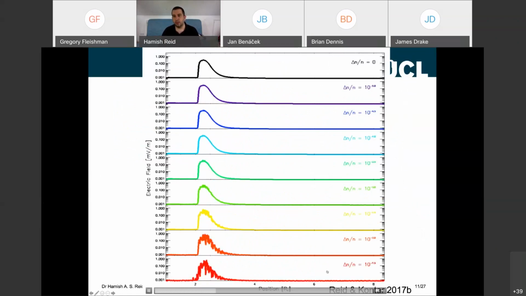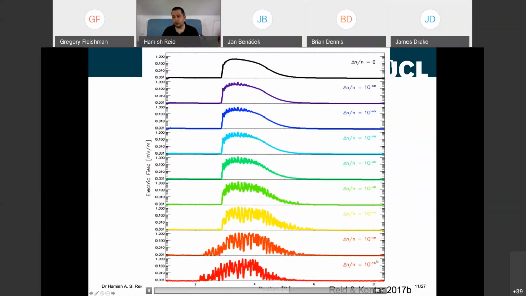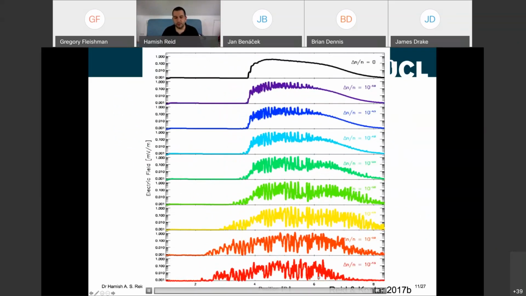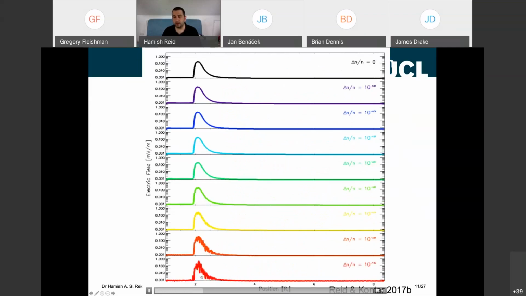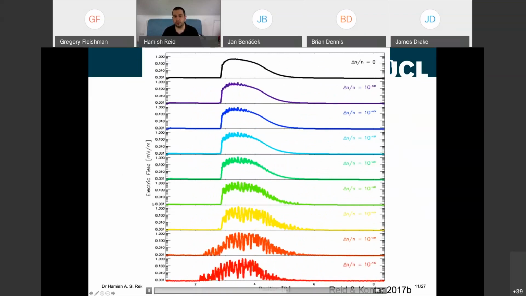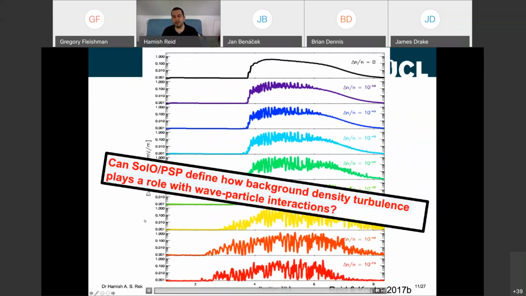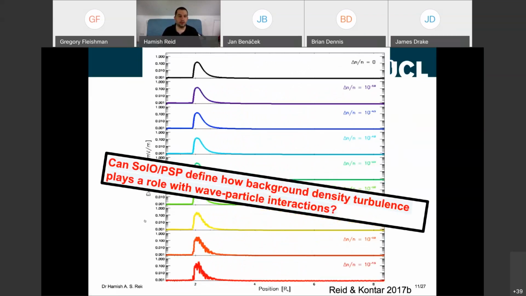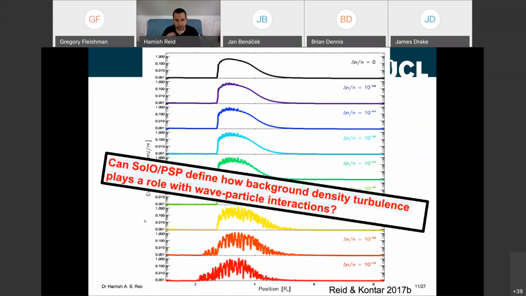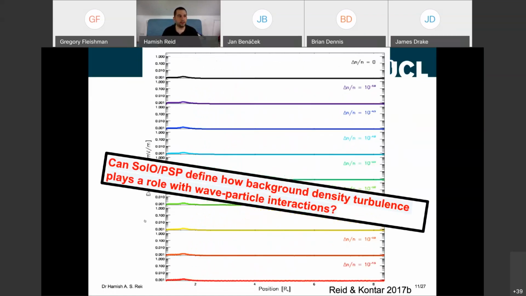You can see with 0 at the top and about 0.03 at the bottom, the Langmuir waves are significantly modulated as the electron beam propagates along. This is the electric field relating to the level of Langmuir waves. So again, can we define how the background density turbulence is playing a role with these wave particle interactions, which is the subject of the study that I'm going to talk to you about next.